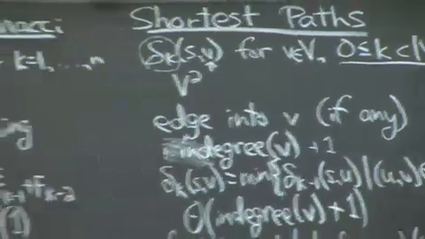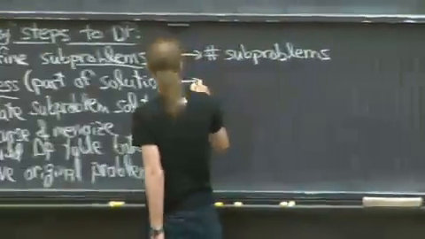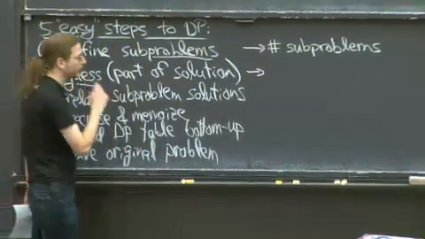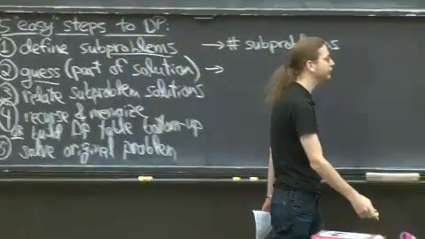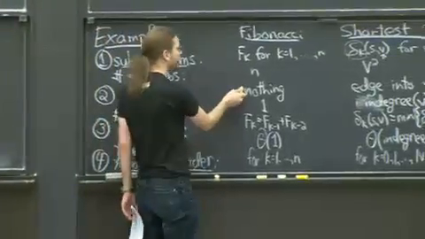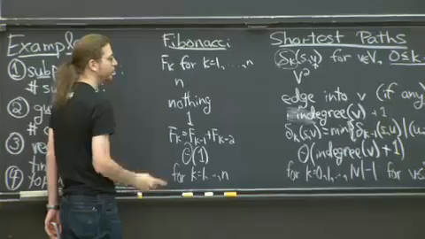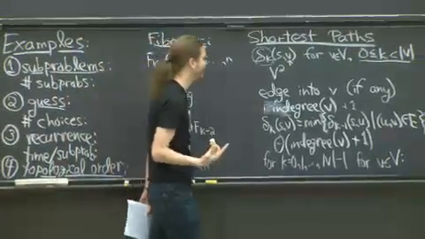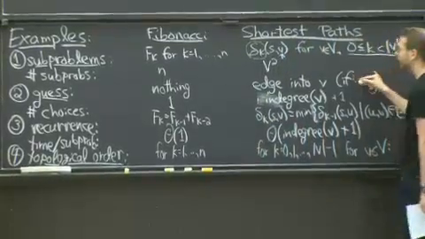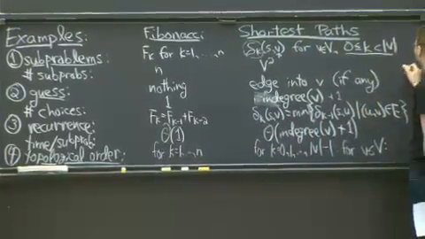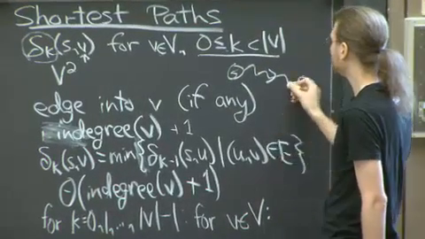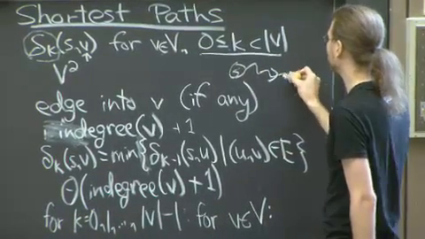OK, second thing was we wanted to solve our problem, and we do that by guessing some feature of the solution. In Fibonacci, there was no guessing. So the number of different choices for your guess is 1. There's only one choice, which is to do nothing. And for shortest paths, what we guessed was, well, we know we're looking for some path from S to V. Let's guess what the last edge is.